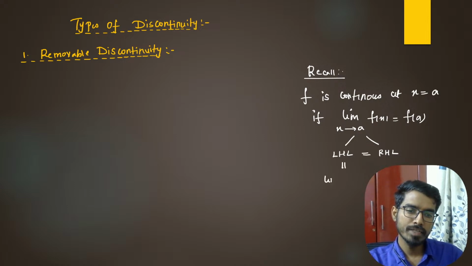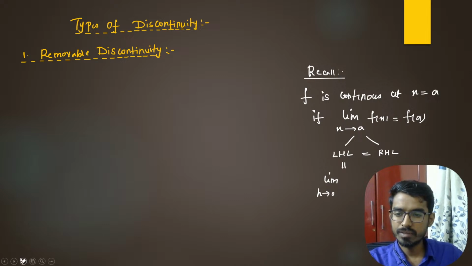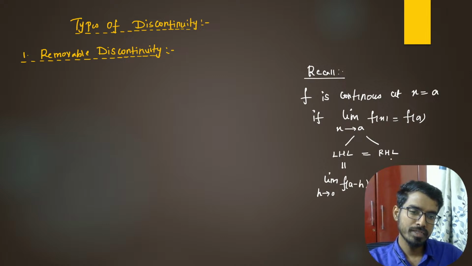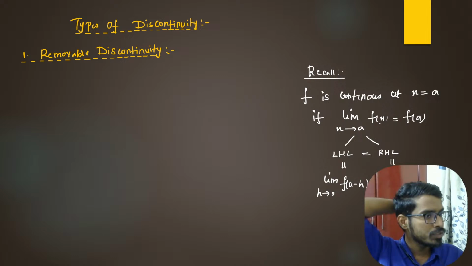The formula for LHL is limit h tending to 0 of f(a minus h). The formula for RHL is limit h tending to 0 of f(a plus h). These two have to be equal and equal to f of a. If all three are equal, we say f is continuous at that a. If not equal, we say it is discontinuous at that point, right?